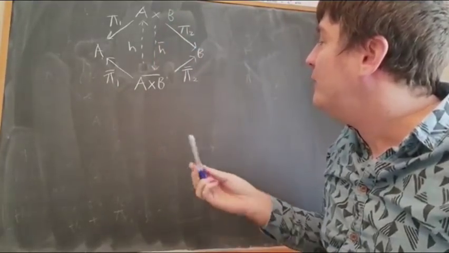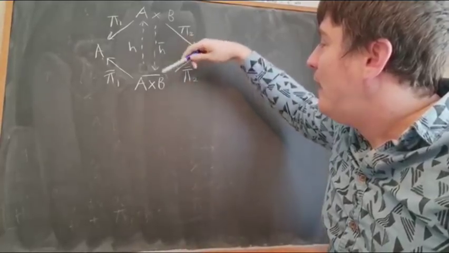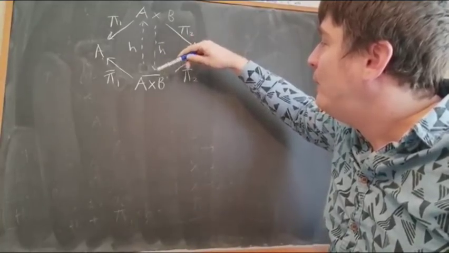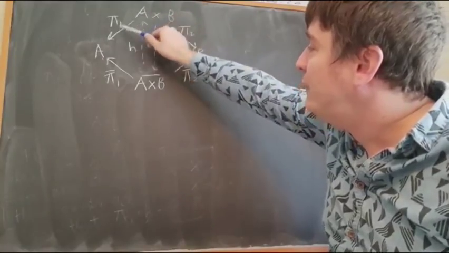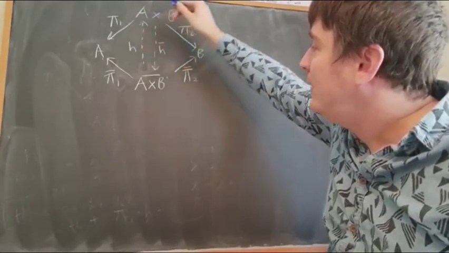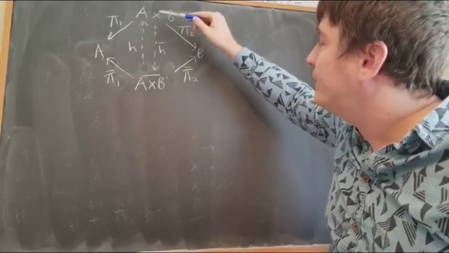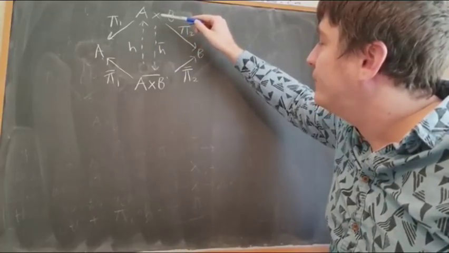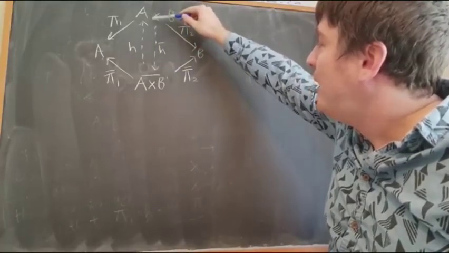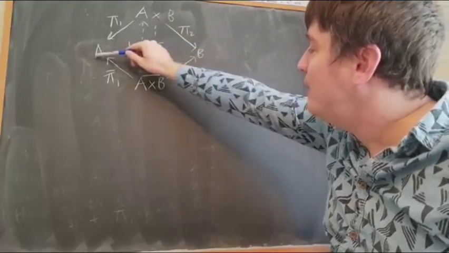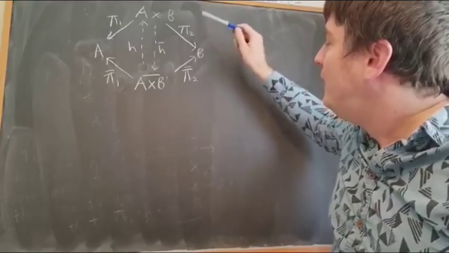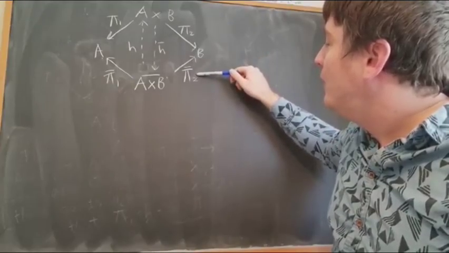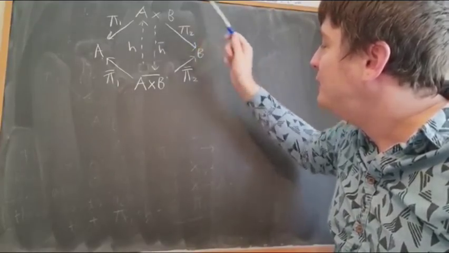This has the property, the opposite way round, that if we think about this as a candidate, there it is with its arrow into A, well, we can simulate that by going along H bar and then pi 1 bar. And similarly, pi 2 is equal to pi 2 bar after H bar.